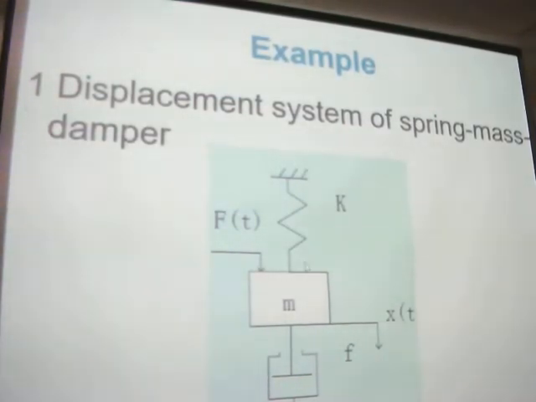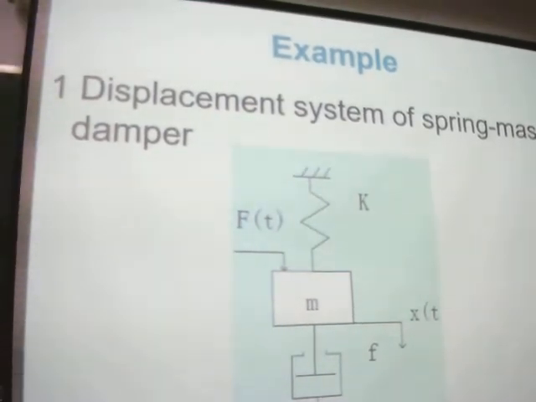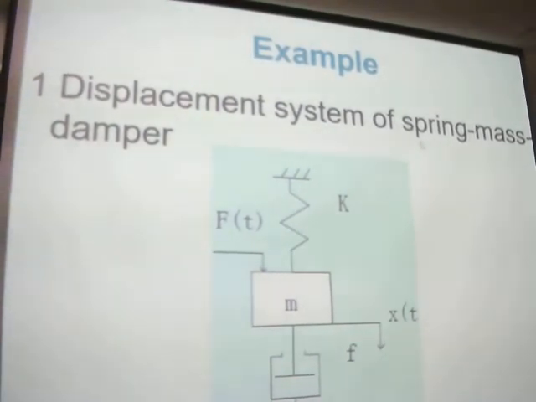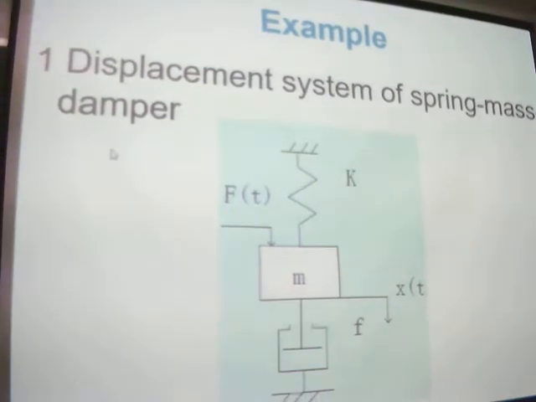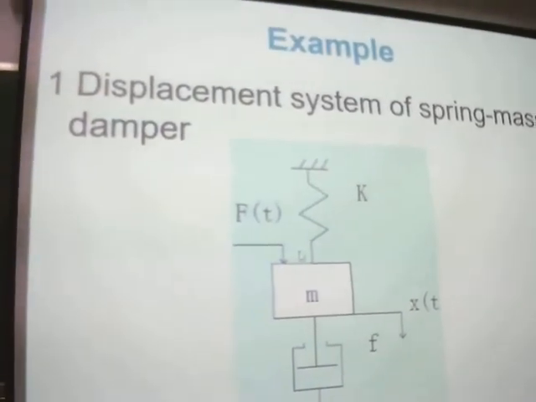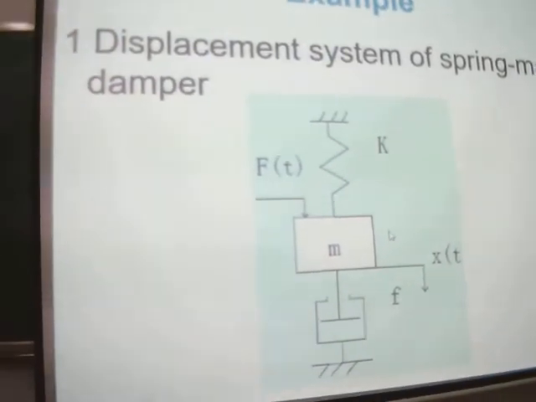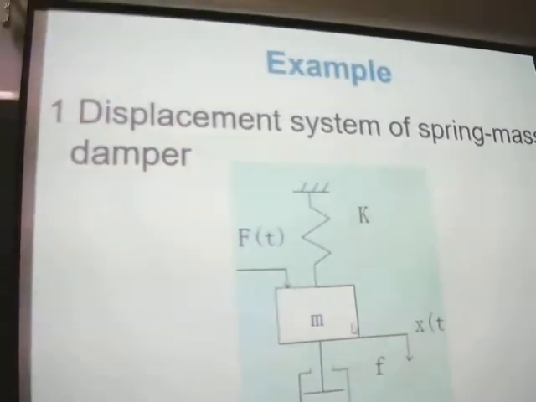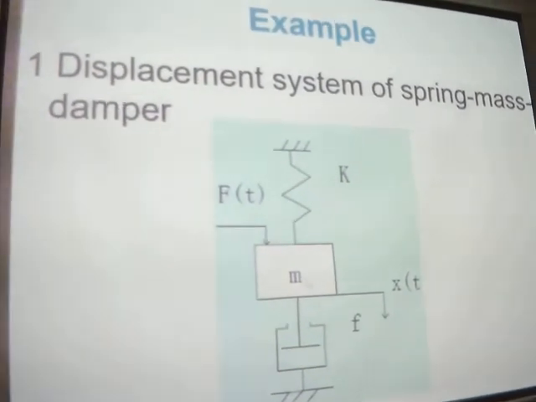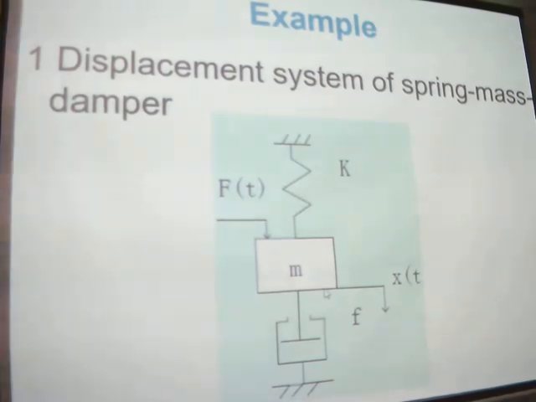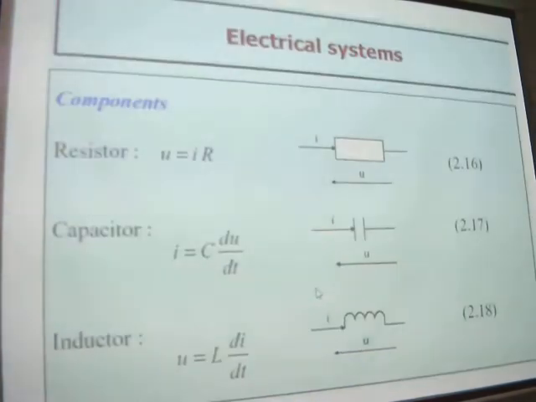Now, for example, we can see the example of the displacement system of a spring-mass-damper. Now, we should make the mathematical model for this system. Would you like to make a model for this system?